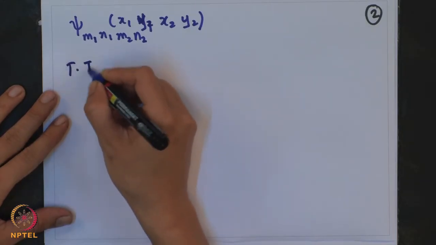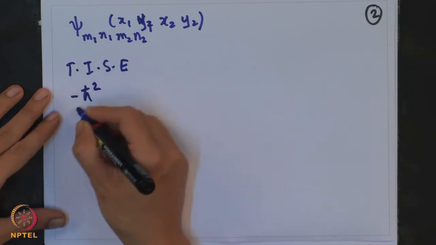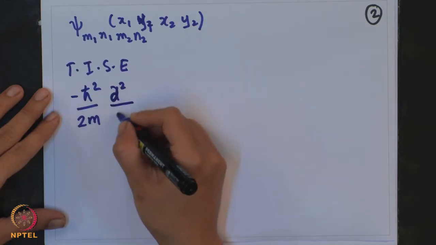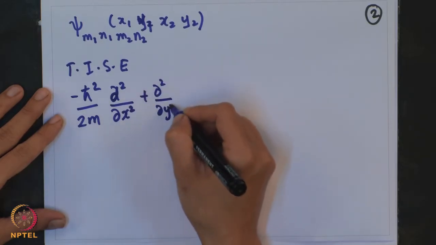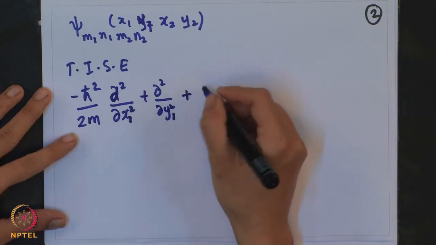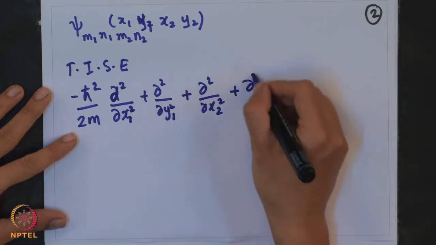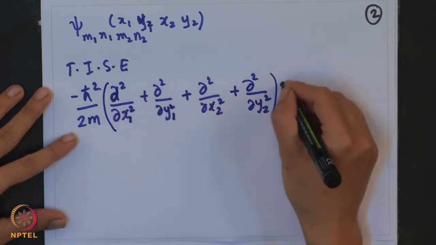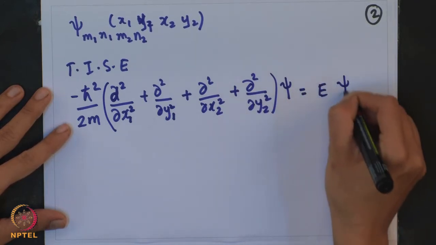The corresponding time independent Schrodinger equation will be minus h cross square upon 2m times dou square by dou x square plus dou square by dou y square, for x1 y1 of particle 1 plus x2 and y2 for particle 2, acting on psi, equal to E psi.